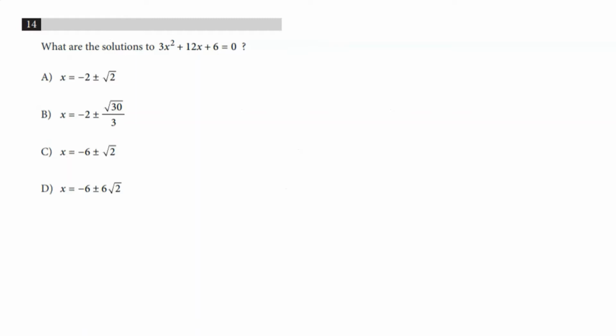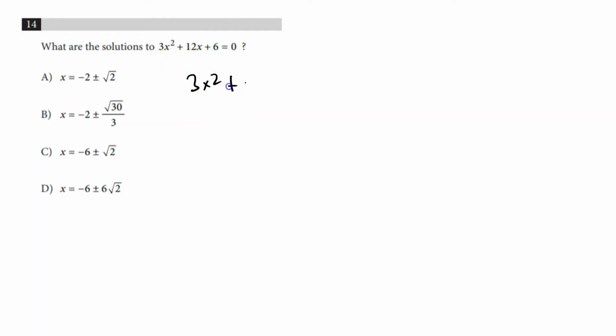Question 14 seems more simple than the rest. What are the solutions to 3x squared plus 12x plus 6 equals 0? So immediately, I see a factor of 3 in each of these terms, so I'm going to factor that out.